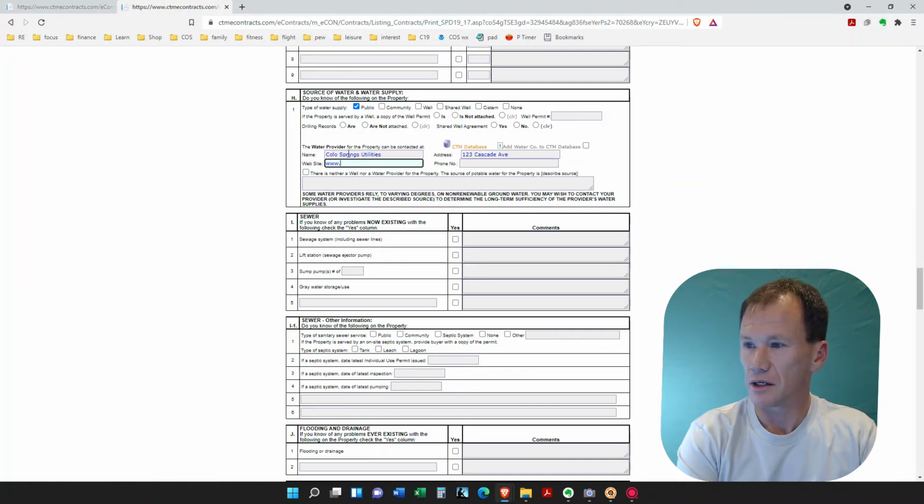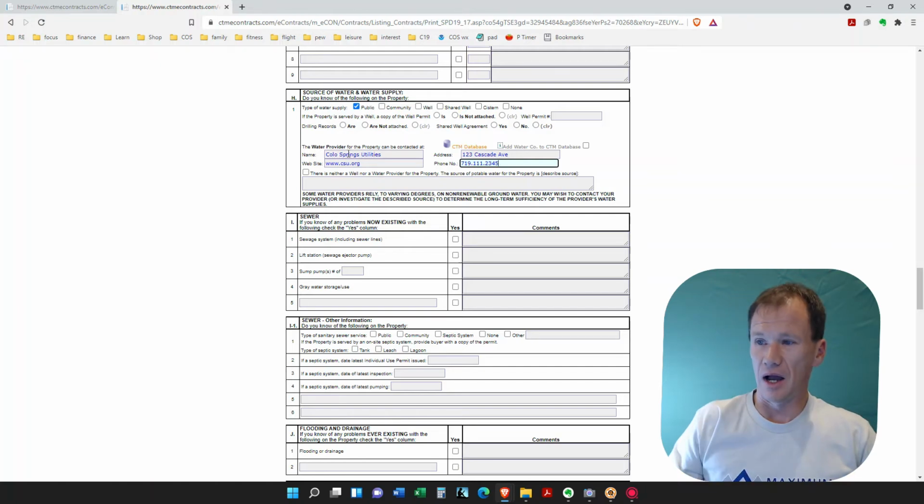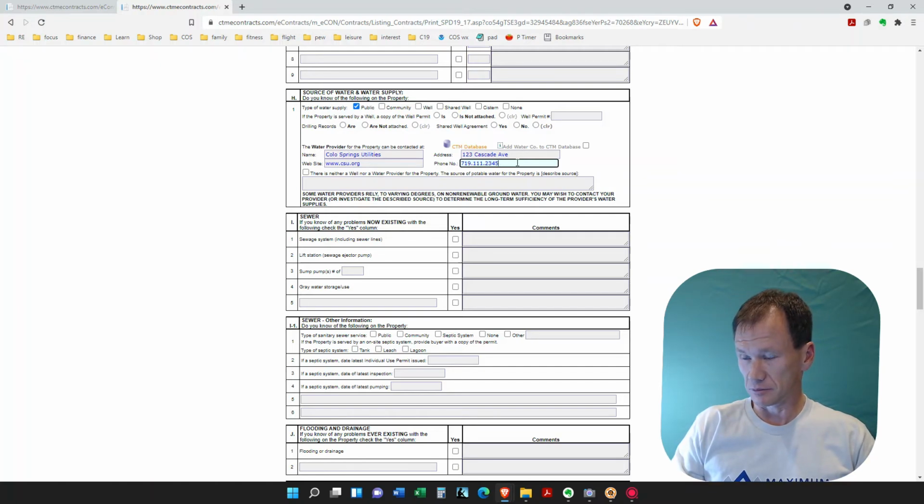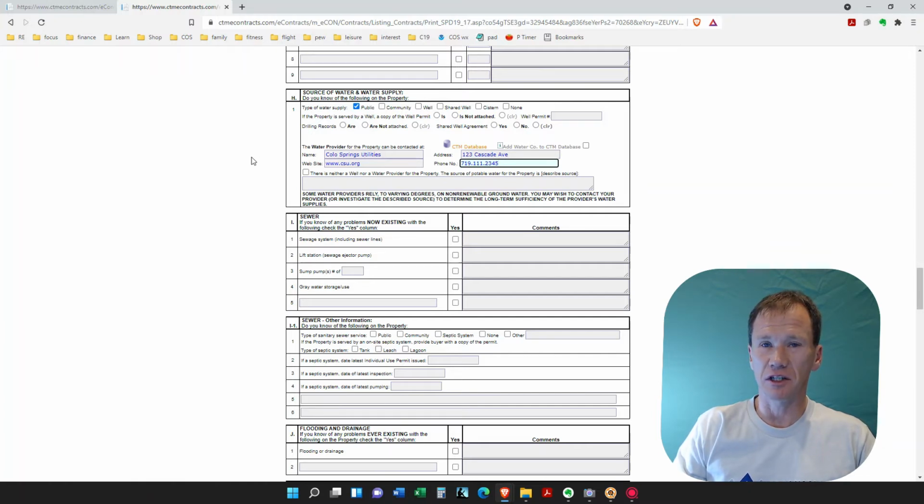The website is csu.org, and the phone number, I don't remember, but you need to fill that out, right? And if there's no well or water provider, provide any information that you have or that you know. But this needs to be filled out. Who is the water provider for your property? If this is a standard single-family residential house, you know who the water provider is, fill it out.